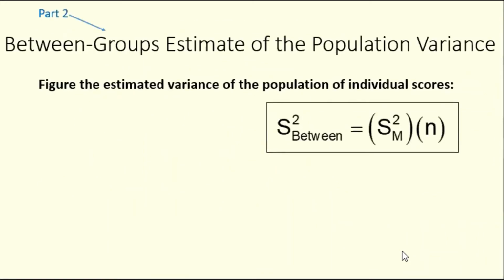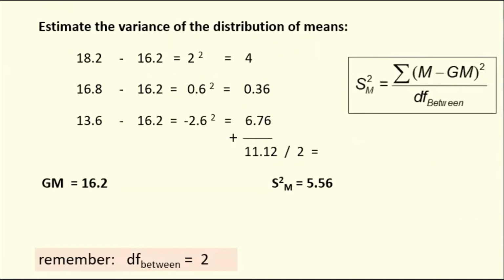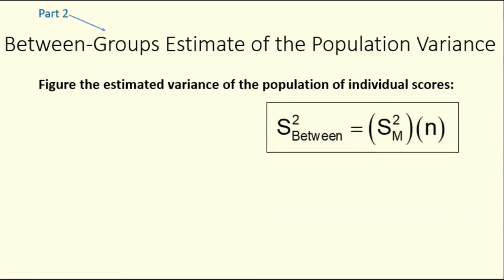And now we're going to take that number and figure out the estimated variance of the population of individual scores. And so typically we're going from the population to the distribution of means. And when we do that, we divide by n. So when we go from the distribution of means to the population, we're going to multiply by n.